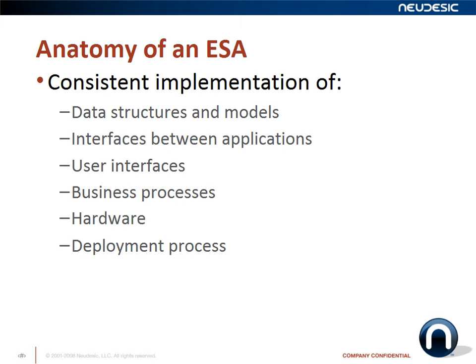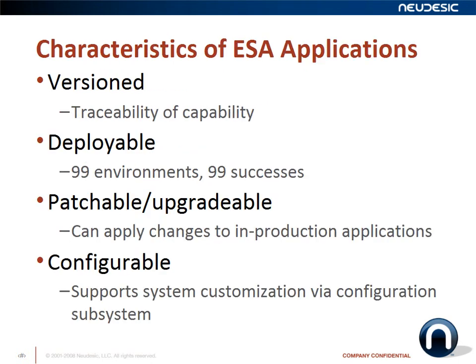The deployment needs to be absolutely predictable and repeatable. So these are all very important aspects of an enterprise software architecture. So now, some other characteristics that we need to concern ourselves with when we're talking about developing these apps is the ability to version your apps, the ability to deploy these apps.